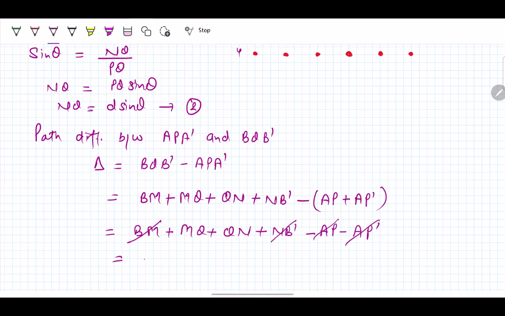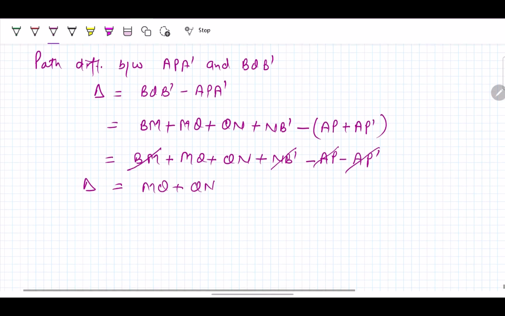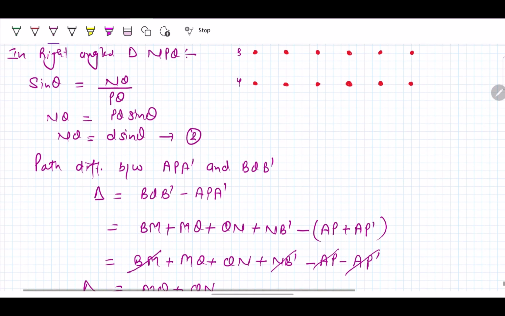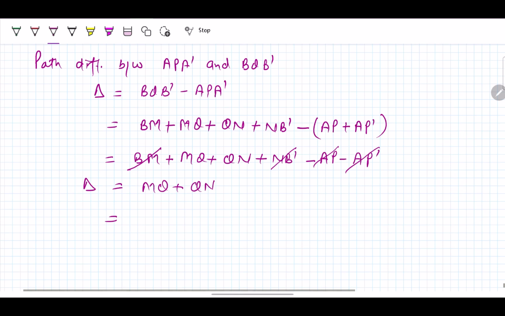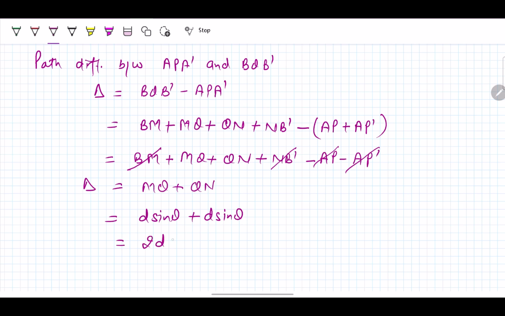We are left with MQ plus QN, that is delta. Using equation 1 and equation 2, this is d sin theta plus d sin theta, which equals 2d sin theta, the path difference.